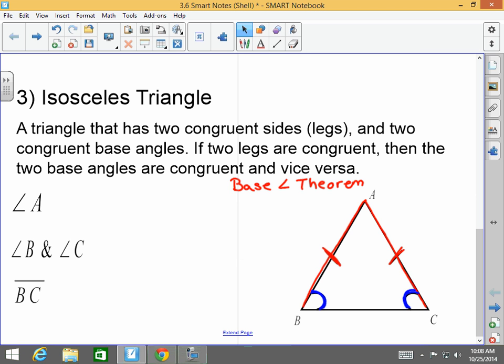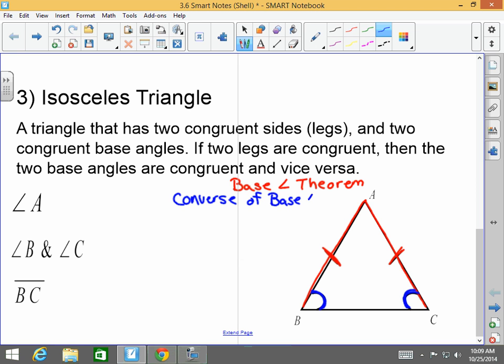And then hopefully you remember what converse means. Converse is when you flip it around. You can have the converse of the base angles theorem.